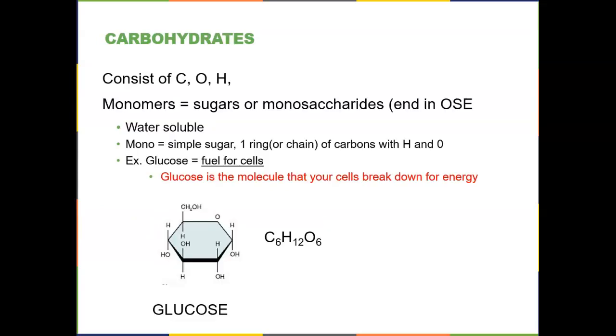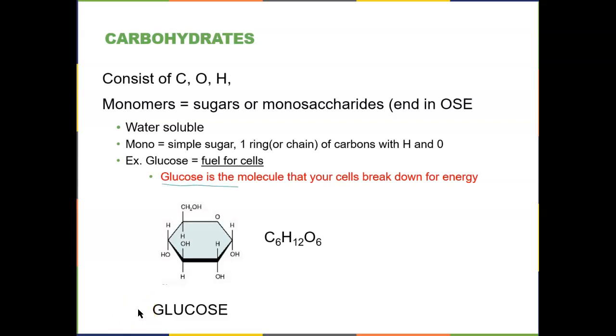So we are starting with carbohydrates. They're called carbohydrates because they contain carbon, hydrogen, and oxygen. The monomers of carbohydrates are sugars, or monosaccharides. The only one that I want you to know by name is this one down here, which is glucose.